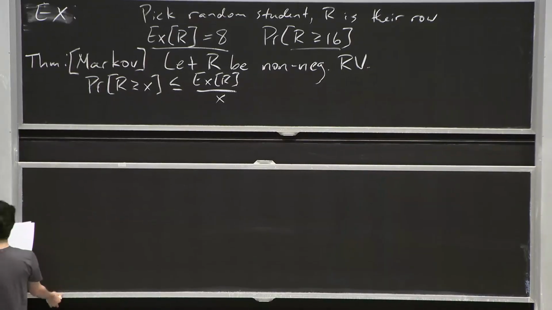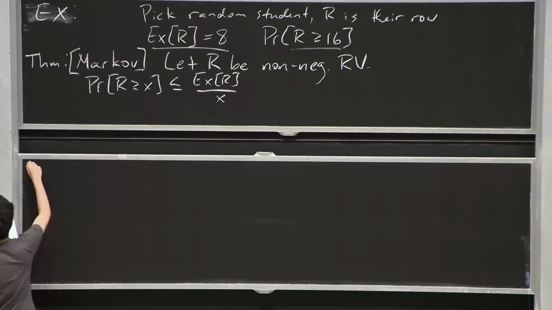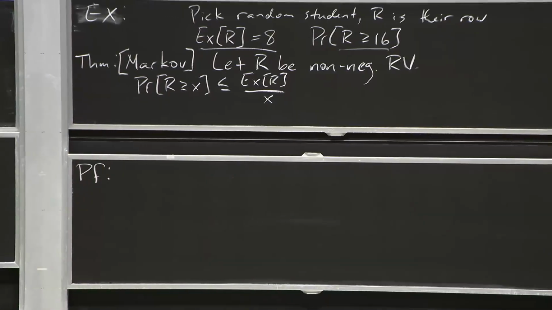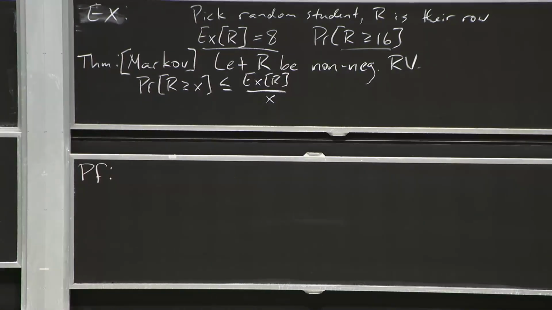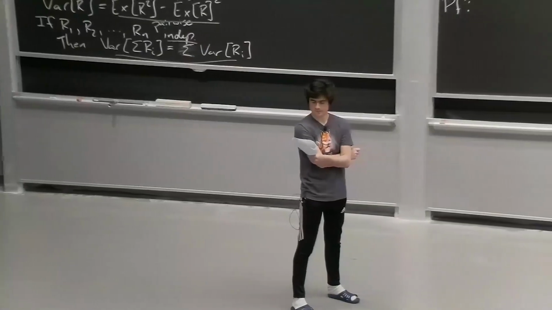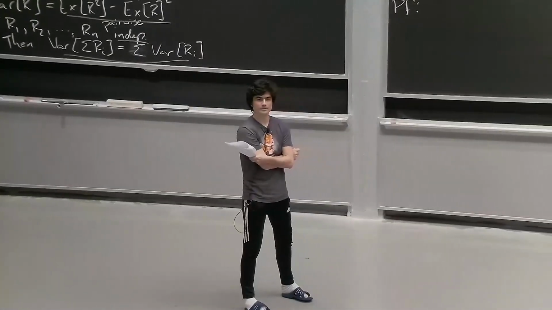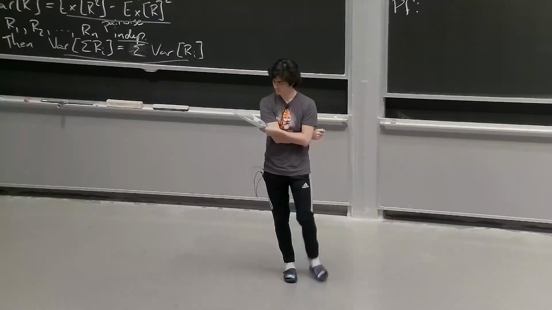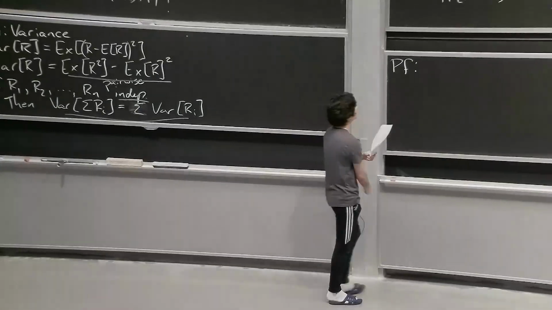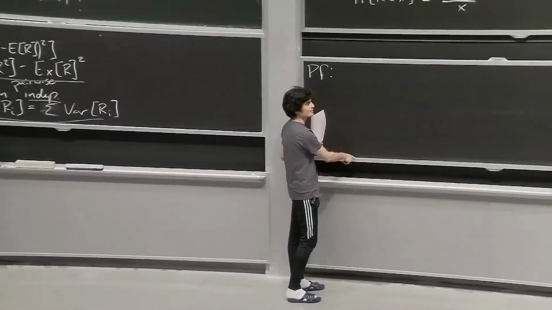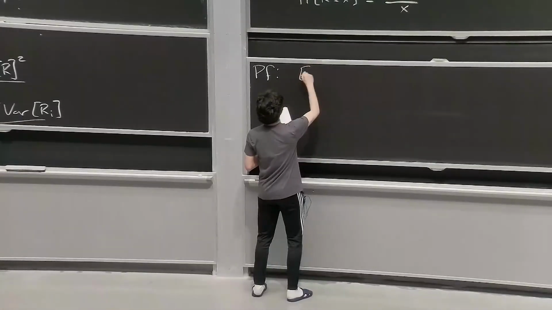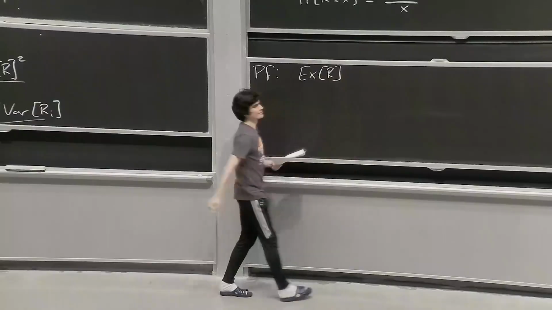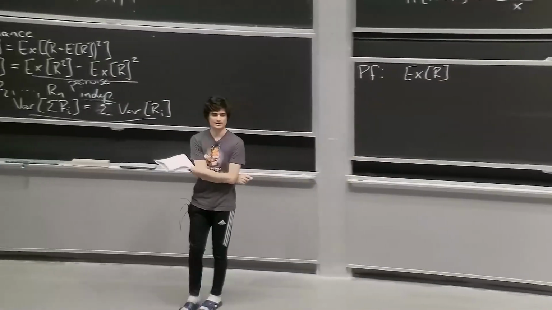So how could we prove this? Any ideas? How do we formalize the intuition that we were just talking about? Let's try using the law of total expectation. So how can we write the expectation of R? What might we condition on?